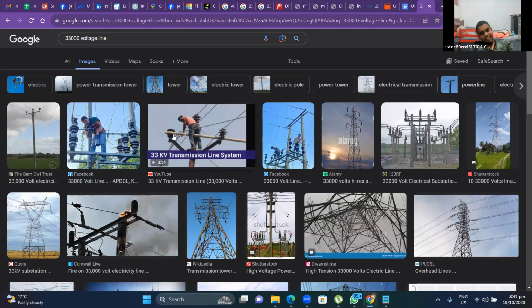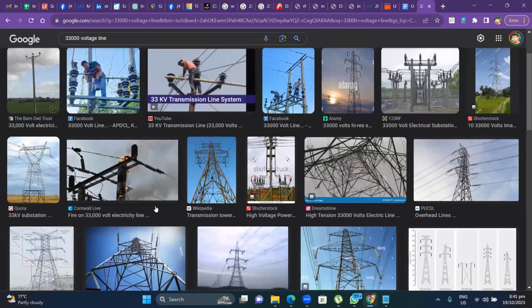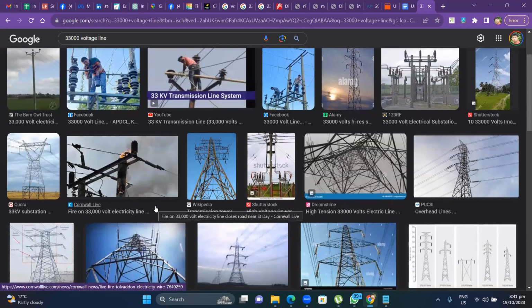If we want to go closer, we need to disconnect the main voltage, the main node. Otherwise, it will blast. Not just a shock, it will blast, so that even the remains sometimes cannot be found.